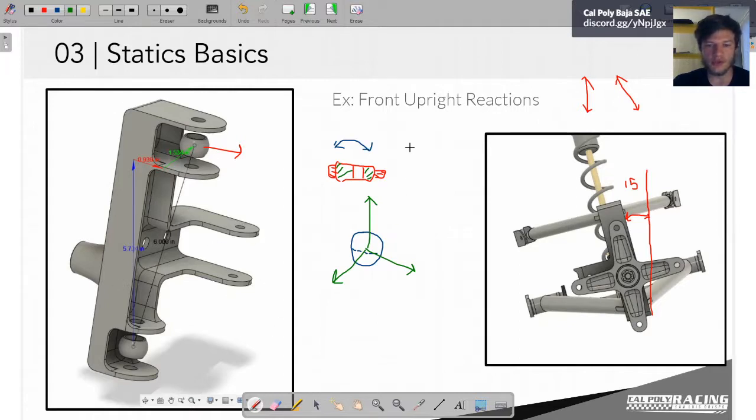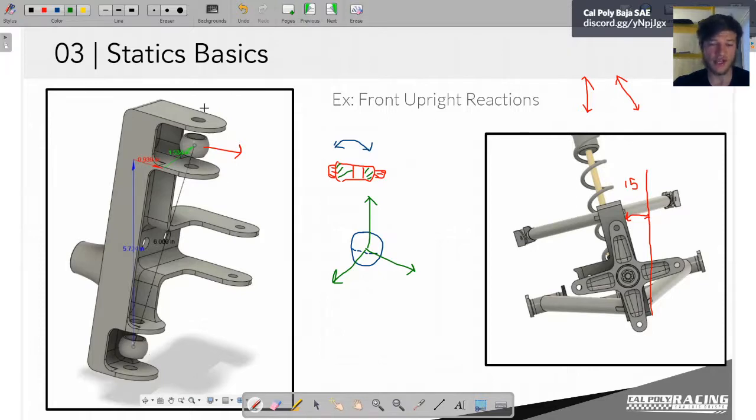Remember, you can only solve a problem with as many unknowns as you have equations. So we have 3 unknowns for the upper A-arm spherical bearing, which is part of a rod end. Basically, that's just the name of the piece of hardware that it sits in. We're trying to find the reactions for the upper A-arm rod end and the lower A-arm rod end.